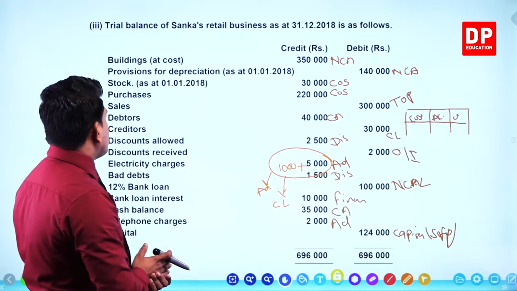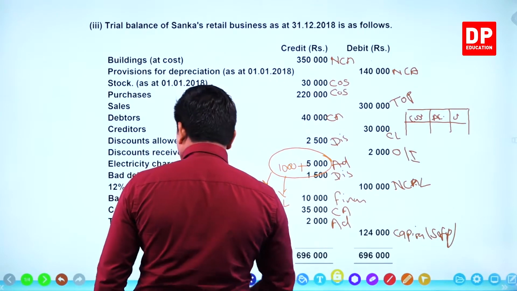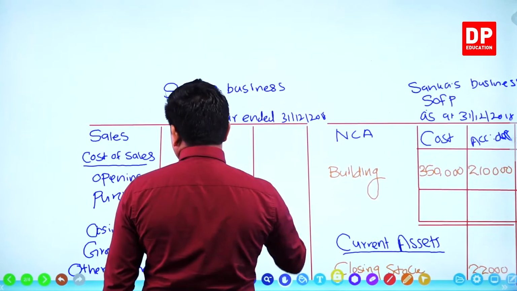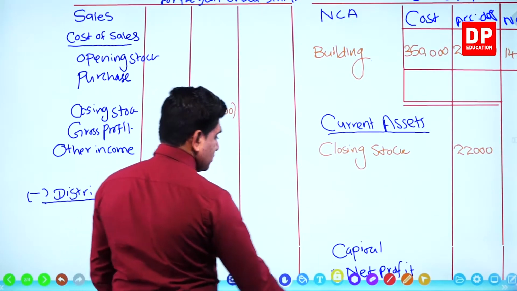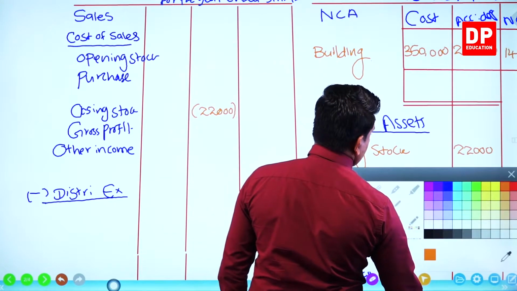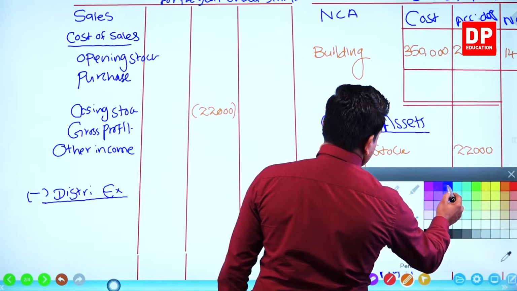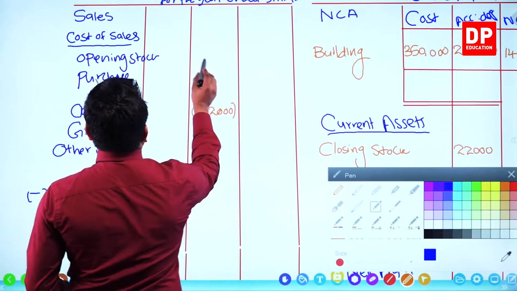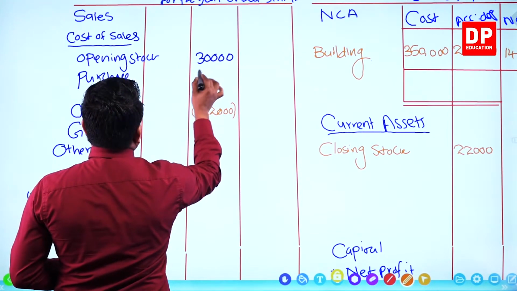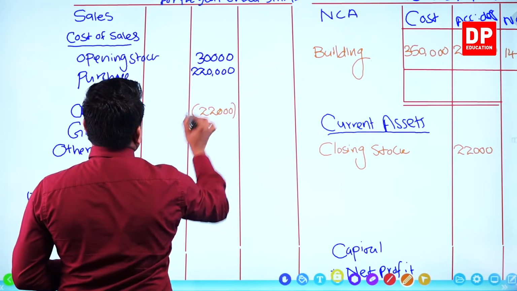Opening stock 30,000, purchases 220,000, right? Opening stock 30,000. Purchases 220,000.